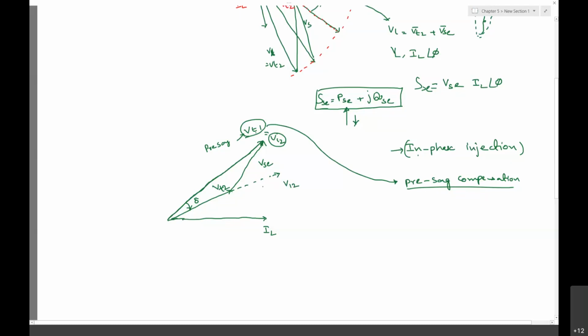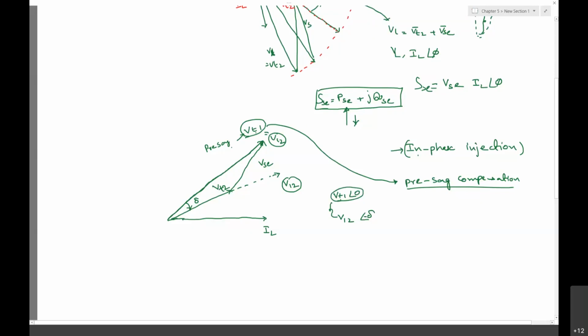If there is any phase shift with respect to the presag voltage after the compensation, that is, VL2 has a phase shift of a del angle. I'm taking VT1 as the reference, at an angle of 0. With respect to the VT1, at the next instant during the sag, there is a phase shift.